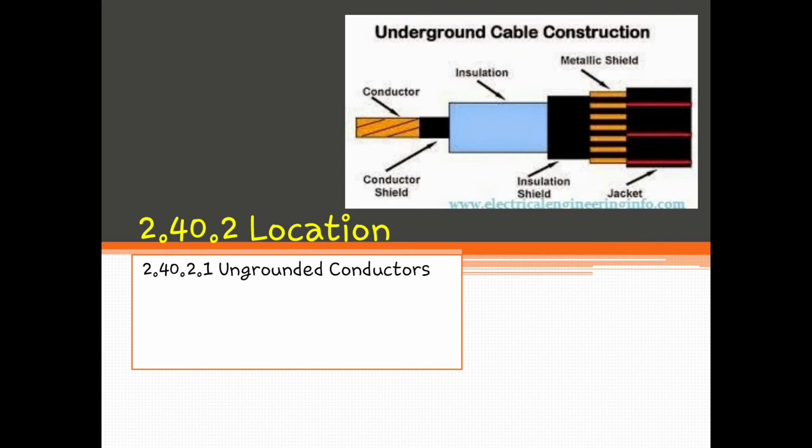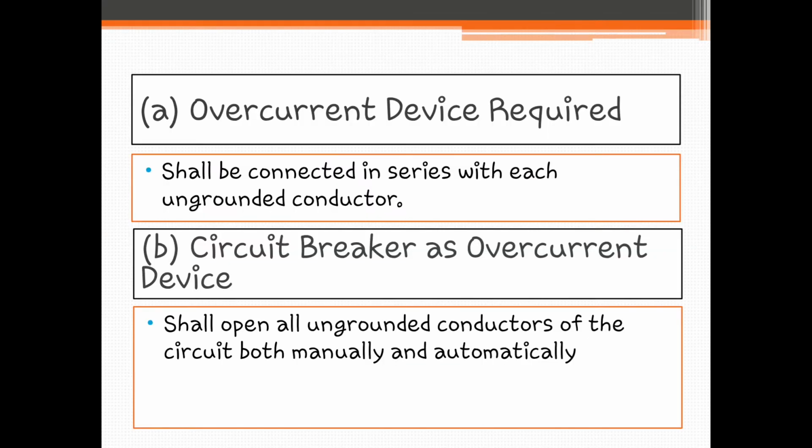So mao ni ang pinaka-cover niya ang jacket. So in underground conductors, overcurrent devices are required. A fuse or an overcurrent trip unit of a circuit breaker shall always be connected in series with each underground conductor.